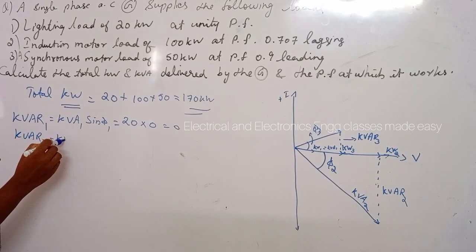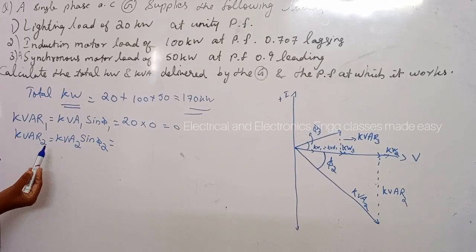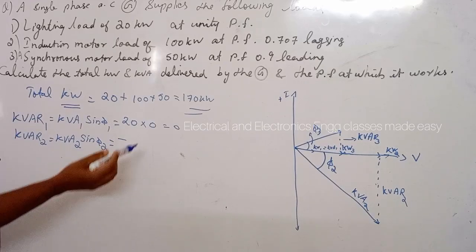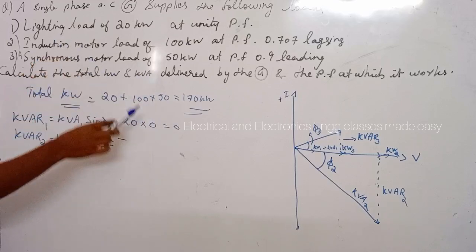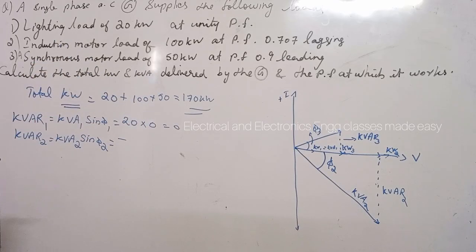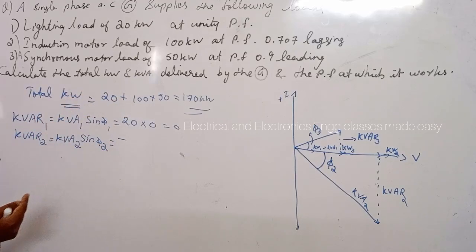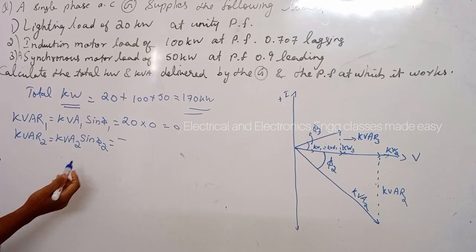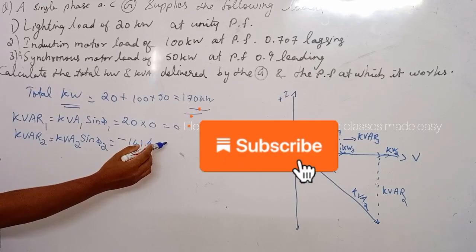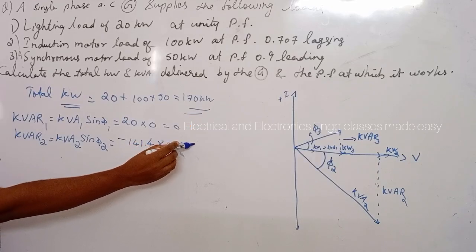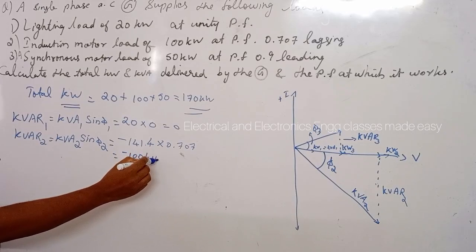Then kVAR2 is equal to kVA2 into sine phi 2. Here we have to put it as negative because we have to calculate the power factor at which the generator is working. For that we have to put lagging power factor as negative. So here put minus 141.4 into 0.707 and that is equal to minus 100 kVAR.